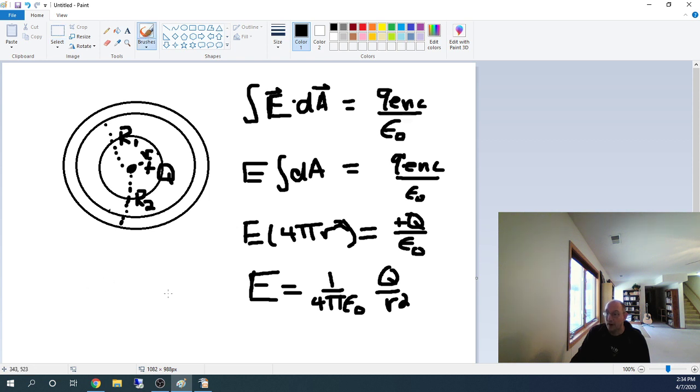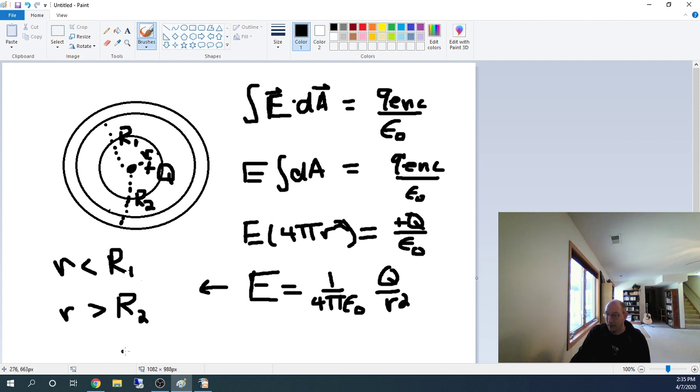For this solution right here, it is true when R is less than R2, and also when R is greater than R1. Or no, sorry, I got those wrong. When R is less than R1 and greater than R2, which is the outer size, this expression for the electric field is true inside the conductor and outside of the conductor.